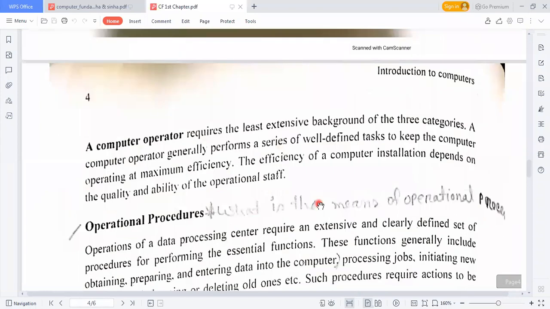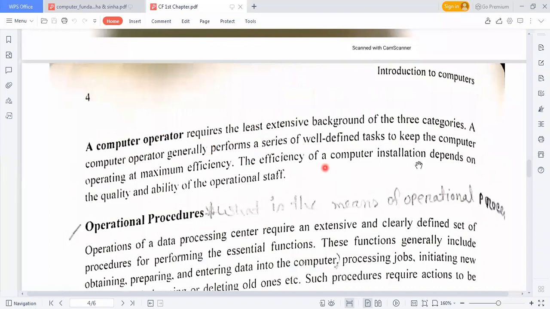Now, the computer operator. A computer operator requires at least an extensive background of the three categories. A computer operator generally performs a series of well-defined tasks to keep the computer operating at maximum efficiency. That means maximum tasks are done by the computer operator, so they must have efficiency for this.